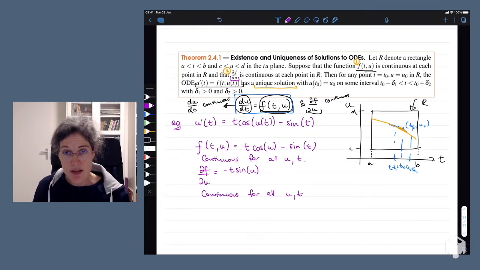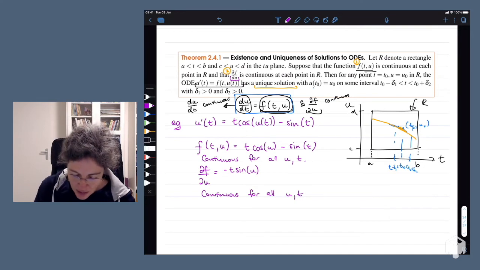So basically what this theorem says is there is definitely a solution, a unique solution to this ordinary differential equation for the whole Euclidean plane. It doesn't guarantee that you can find it, it just says that there is one.